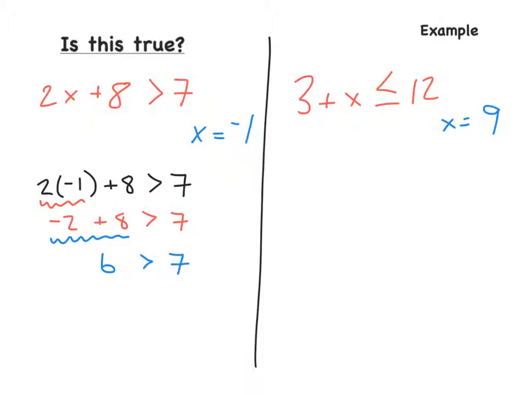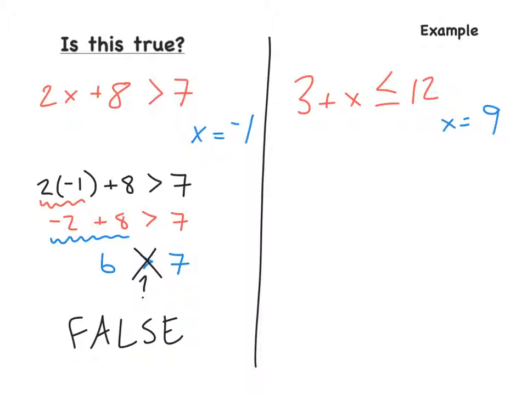Now, is 6 greater than 7? No, it is not. So this is false. That is incorrect. So what I want you to do, pause the video, try the one off to the right, and unpause the video when you're ready to see what I've done.